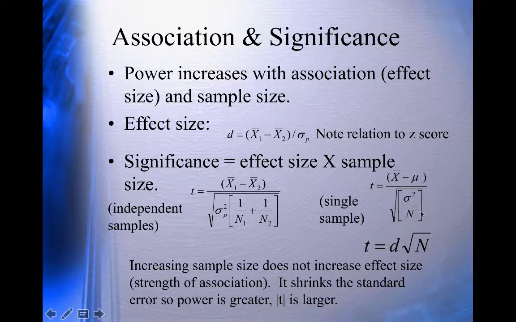Since you're dividing down here, it's the same thing as multiplying. So t is d, the effect size, times the square root of n. And you get it here, and you get it here. So the theoretical distribution of the significance test comes from the effect size times the sample size, and that's what you see here.